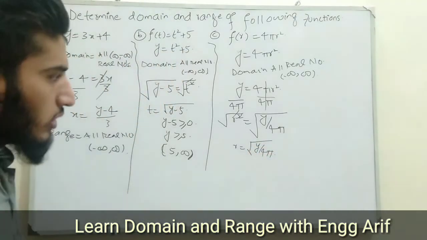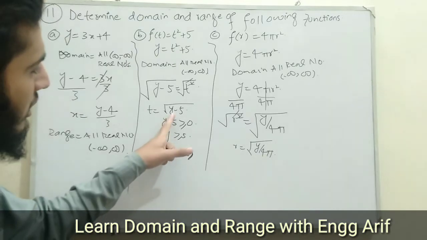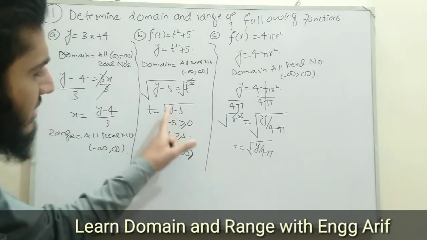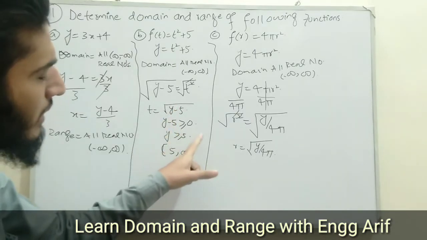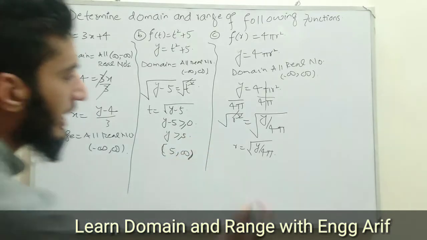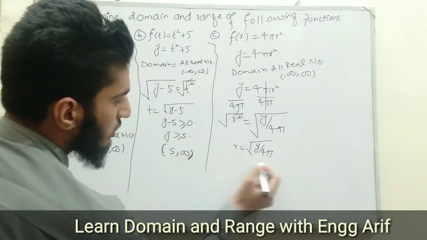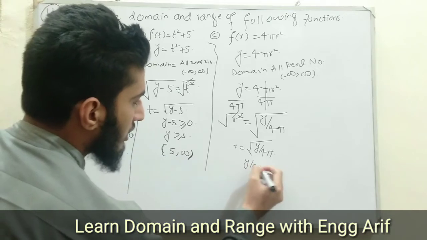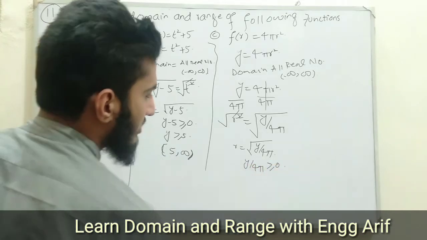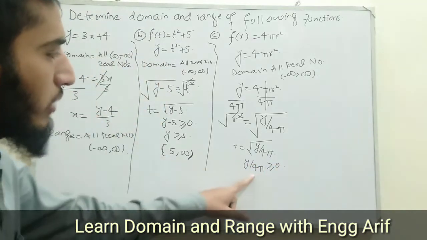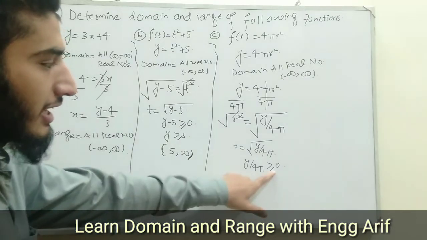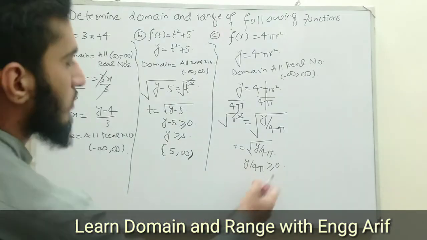Now you know that just like before, the expression inside the radicand must be greater than or equal to 0, and we will apply the same logic over here. The expression inside the radicand, which is y divided by 4 pi, must be greater than or equal to 0, because here we will deal with positive real numbers. That's why I take the positive real number as 0.